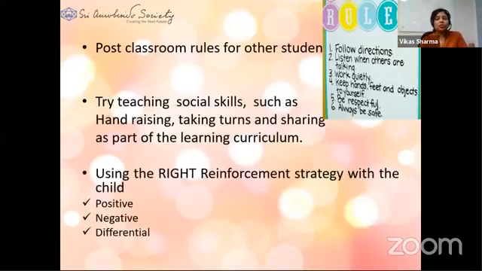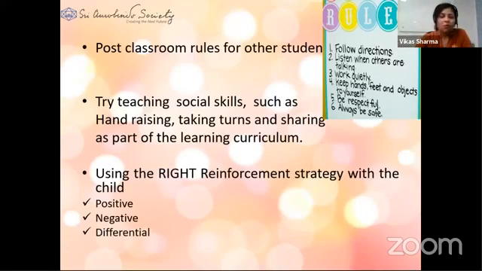Next will be teachers posting classroom rules for other children. These are the general suggestions we are talking about, sensitization towards the other children. If it's a class of 35 children or 40 or 25 for that matter, first and foremost you need to sensitize the other children so that they become more empathetic towards the particular child with disability.